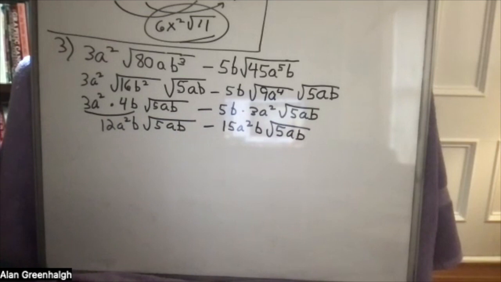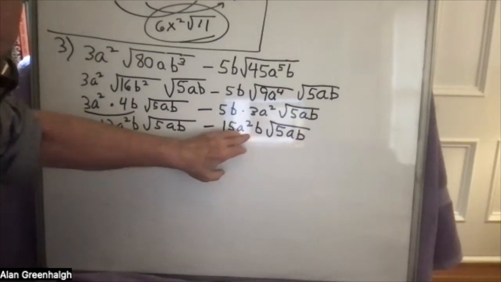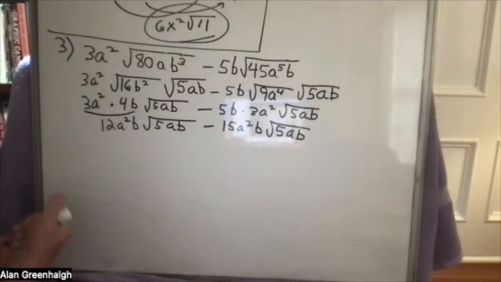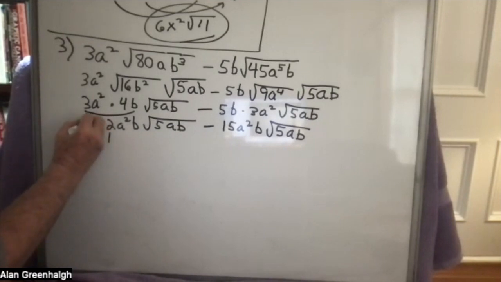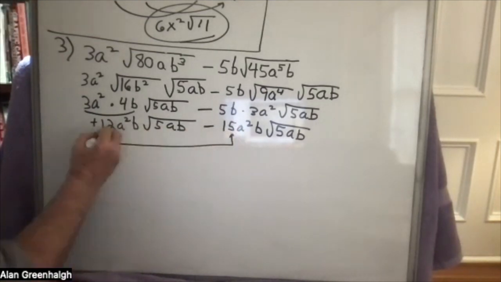So magically, well, not really magically, but for dramatic purposes, you have the same radical, that's good, the same variables outside the radical, and now you're able to combine positive 12 and negative 15.